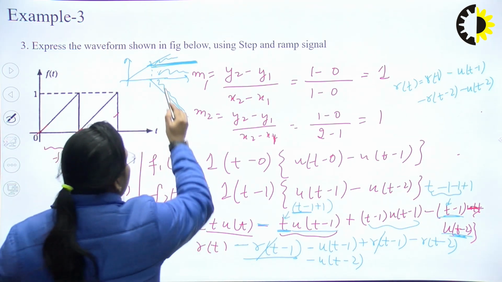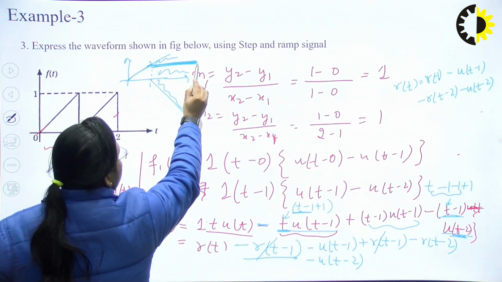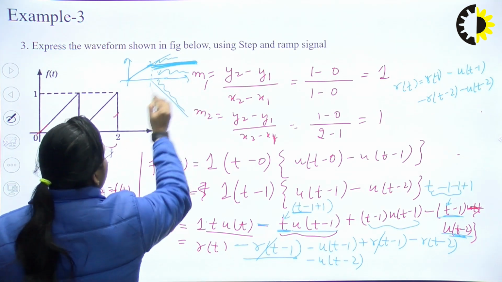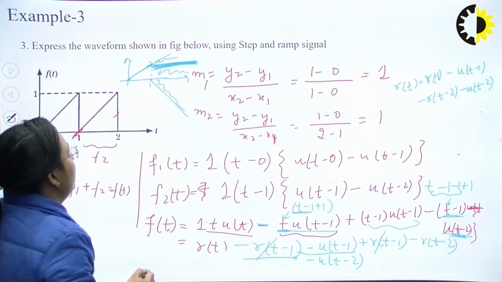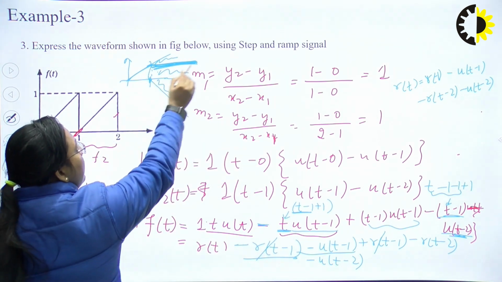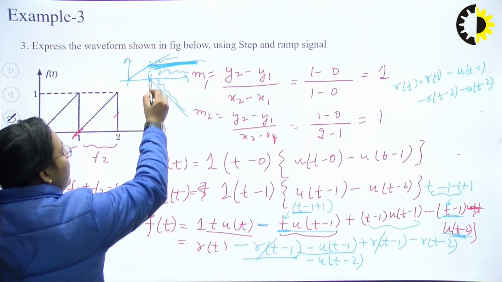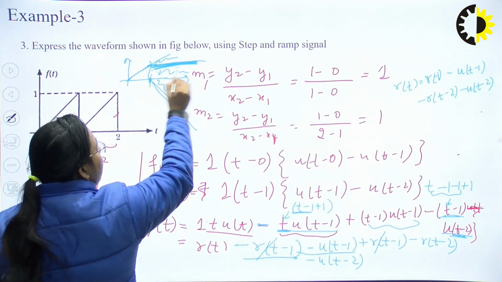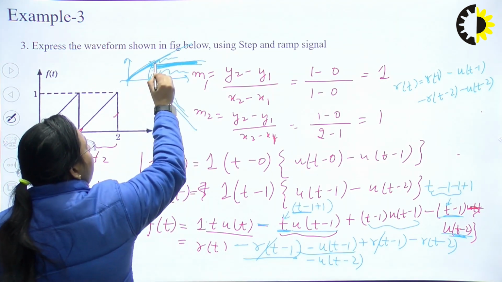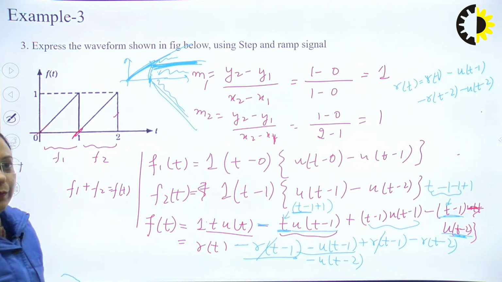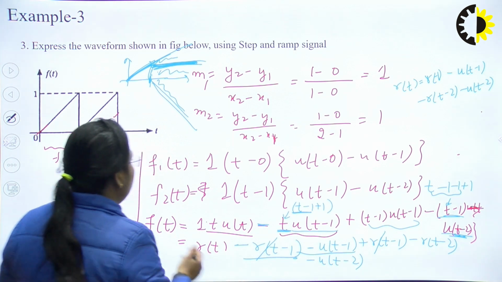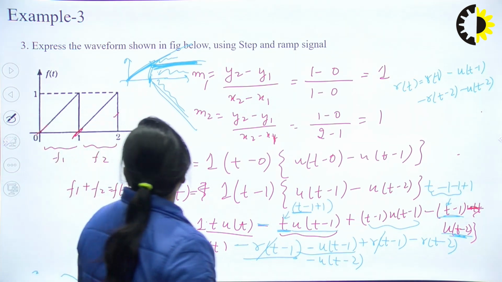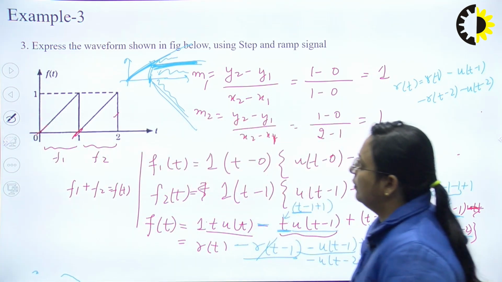And then what is left, this and this. ठीक, and ये भी मुझे नहीं चाहिए because I have another signal here, तो ये भी मैंने subtract किया minus of UT minus 1 because ये signal यहाँ से start होगा, ये इतना बचेगा. So when I subtract this signal and this signal from this signal, then I'm getting this value signal, the ramp signal from 0 to 1. So this is the basic funda for solving the ramp signal.